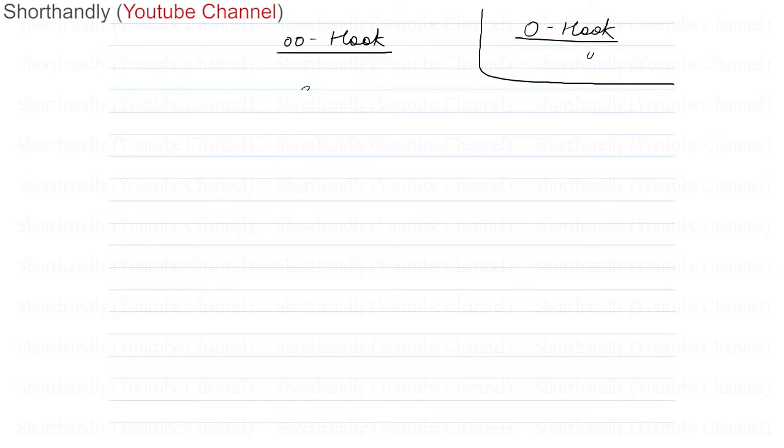Now this oo hook is just its opposite, which is this one. So don't get confused between these two. This hook can also be called the oo hook vowel, because this is a vowel.